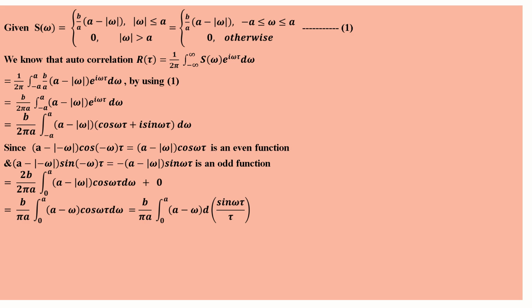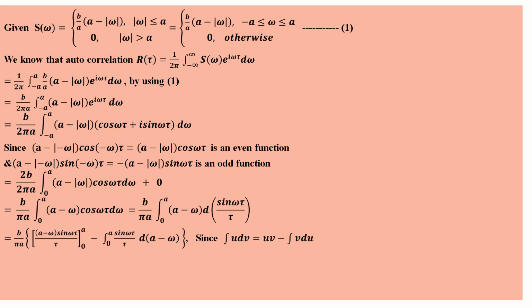(a minus omega) cos omega tau can be written as the derivative of sin omega tau by tau, right? We are using integration by parts, integral u dv equals uv minus integral v du. So applying, b by pi a, uv. U is nothing but a minus omega.